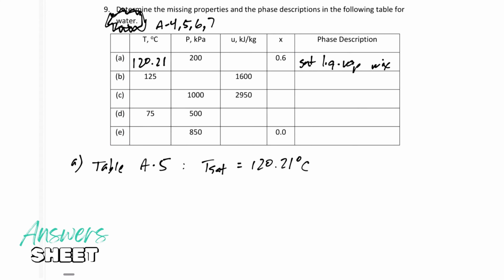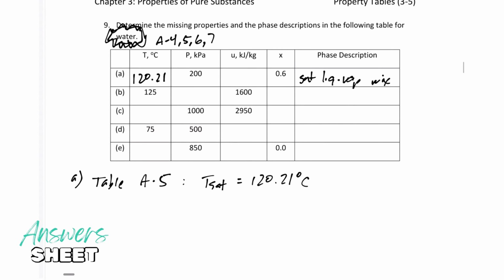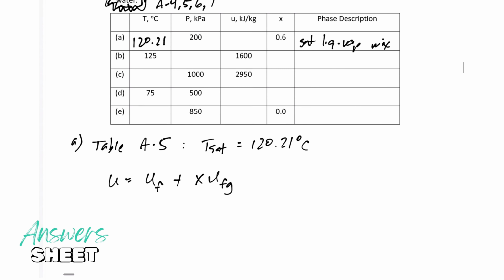All right, now let me find the U. This problem I'm asking for U; this could be H, this could be S, this could be V. So pay attention to what I'm asking for. I'm asking for U, internal energy, with a quality of 0.6. To find that U, I'm going to take the UF plus quality times UFG.